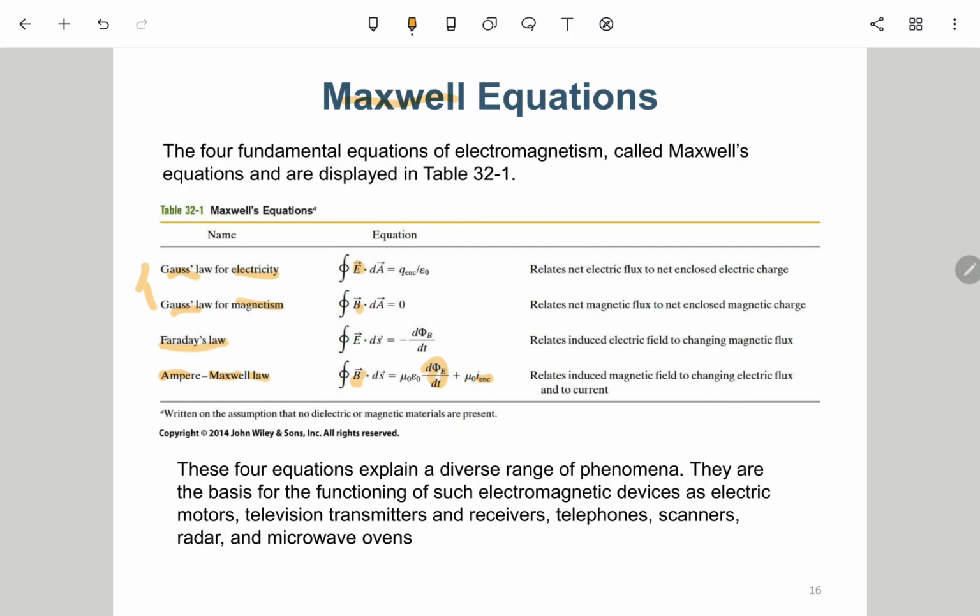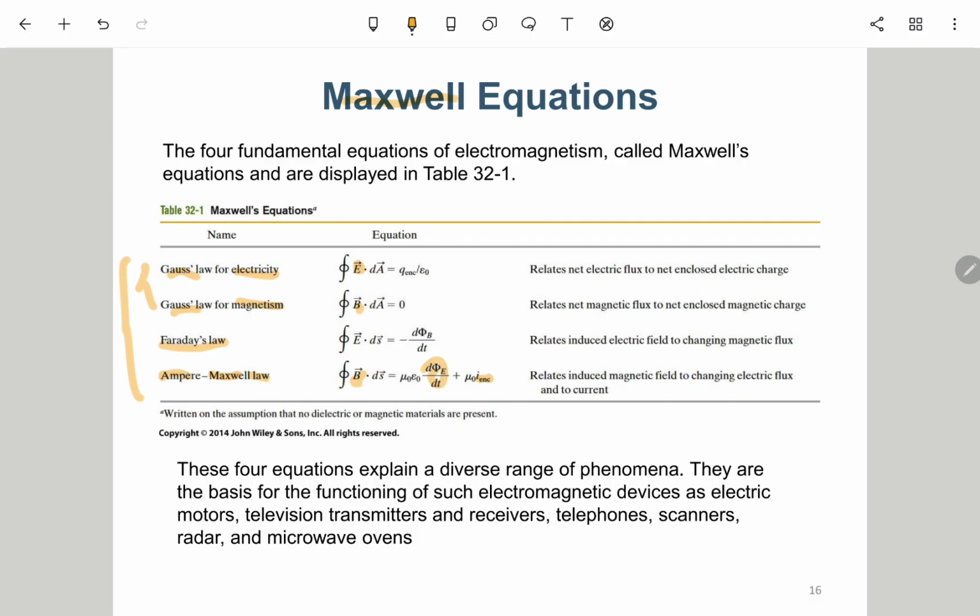Finally, Maxwell tried to summarize. Of course, for electromagnetism we have even more laws than these four, such as the Biot-Savart law or Coulomb's law. We have learned much more than these four laws.